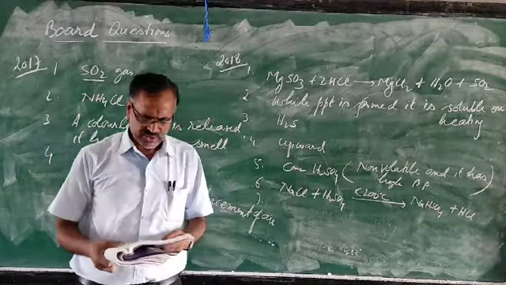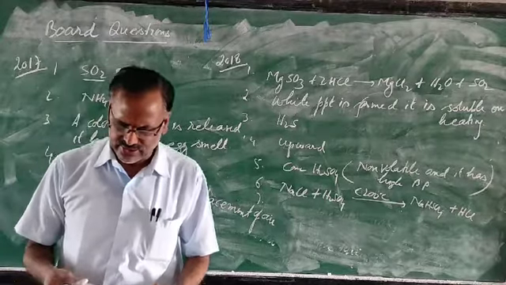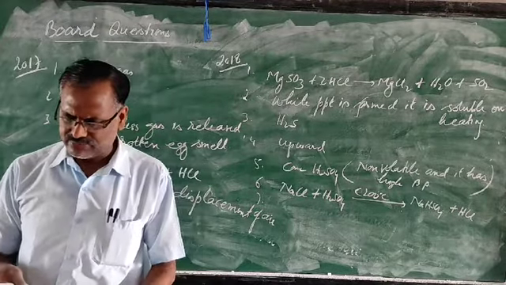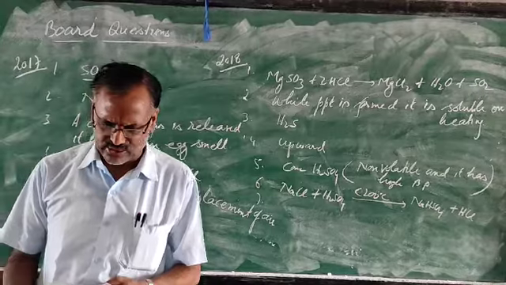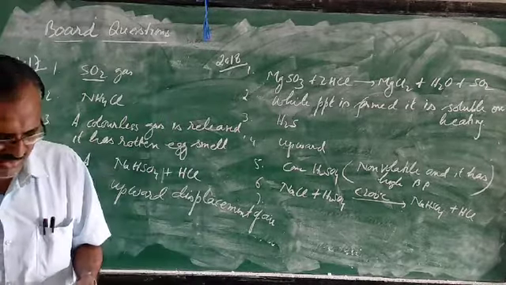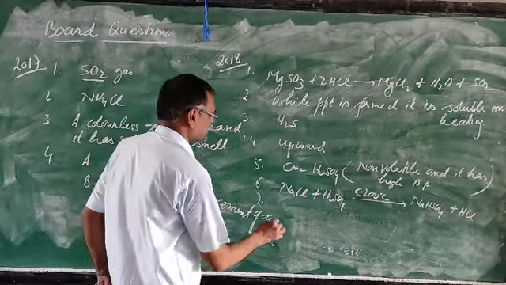Now the seventh one: for the preparation of hydrochloric acid in the laboratory, state why the direct absorption of hydrochloric gas in water is not feasible. What is the reason? Because back suction takes place.